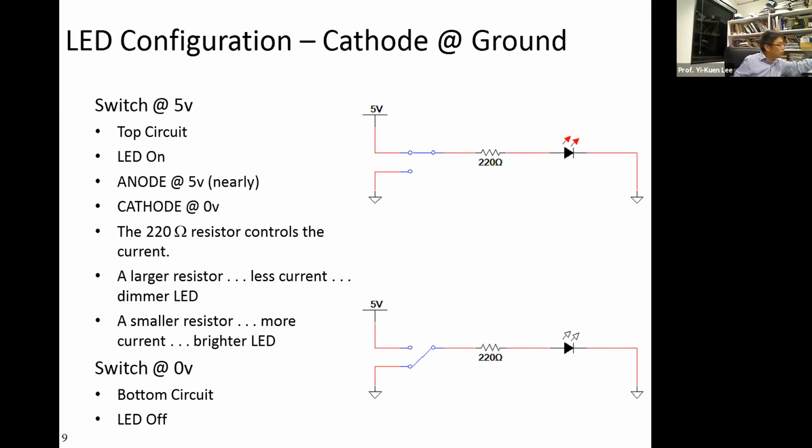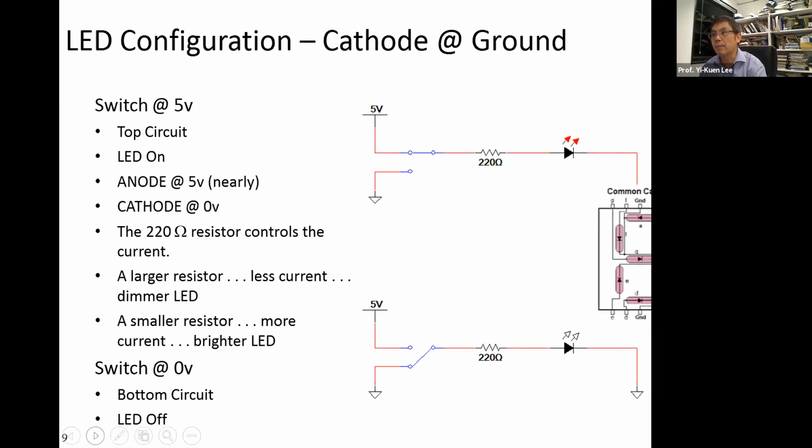But of course, that is not good if you want to automatically show some information, so you probably don't want to use a mechanical switch, right? So you want to use the Arduino digital I/O output to provide this 0 to 5 volt, so it can turn the LED on and off, right? So that is the basic way we can use this, okay?